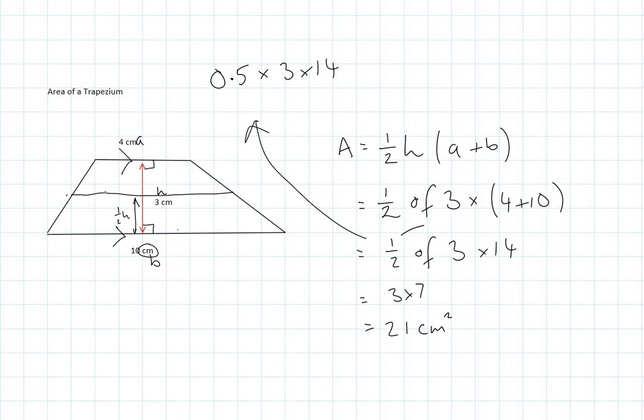And I'm going to do a bit more cutting. I'm going to cut this bit here, and this bit here, and cut them off. Then I'm going to spin them round and stick that bit on there, and spin this bit round and stick it on there.